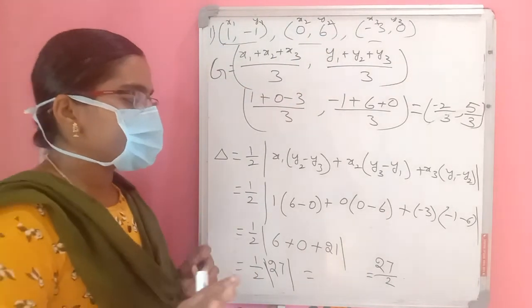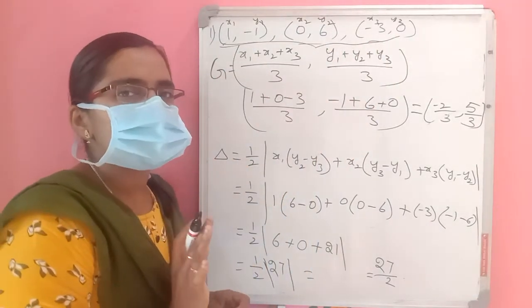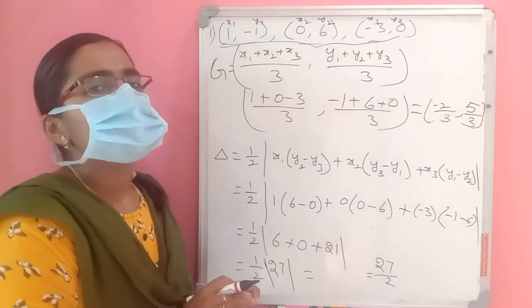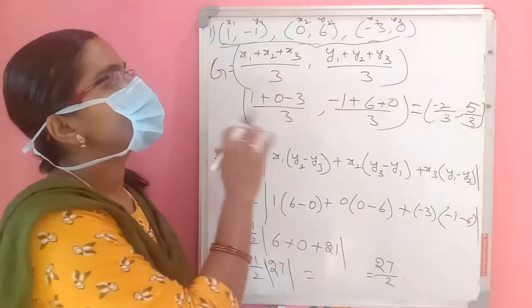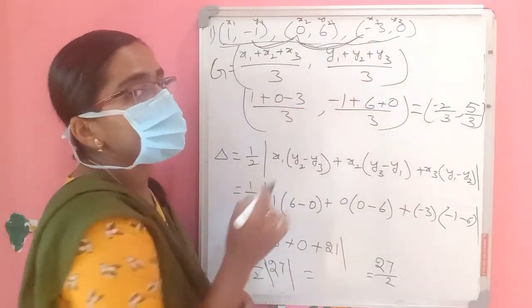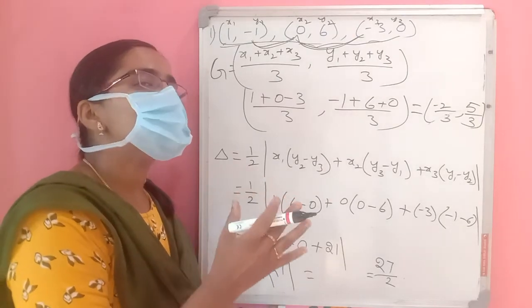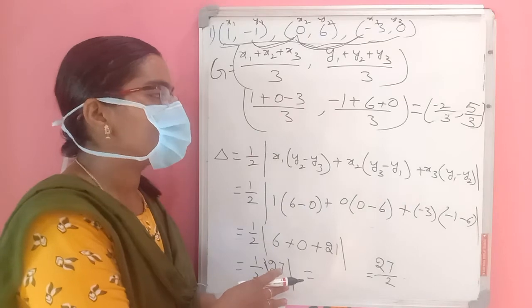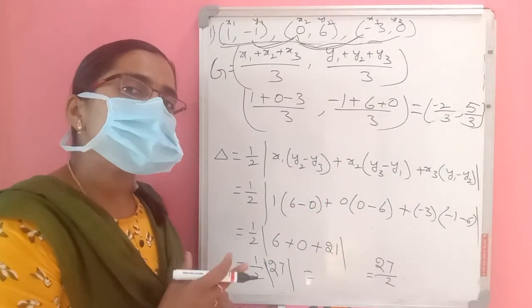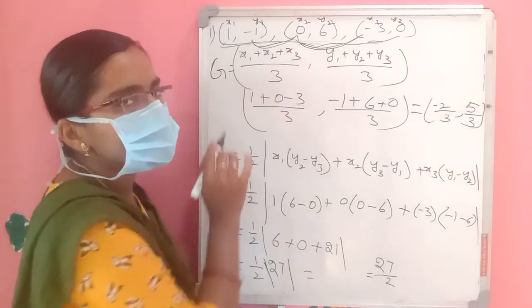So if they have given 3 vertices, 3 points, whether those are collinear or not, how can we find out? For collinear, I first told you to find these 3 lengths, AB, BC, and if AB plus BC is equal to AC, then we can say those are collinear. But no need to do it like that. Here the very simple process is, if they have given 3 points and you have to check whether they are collinear or not, then find the area of the triangle using these 3.